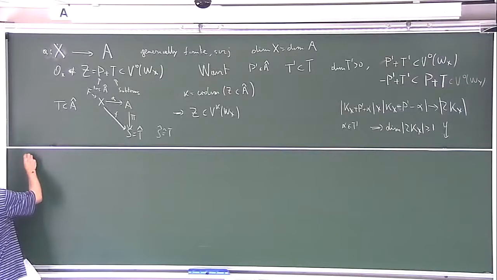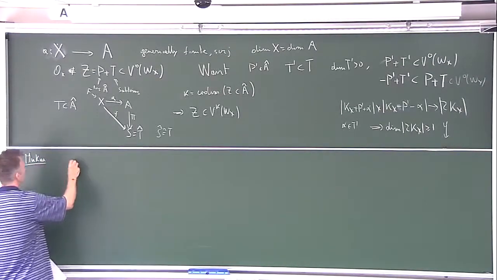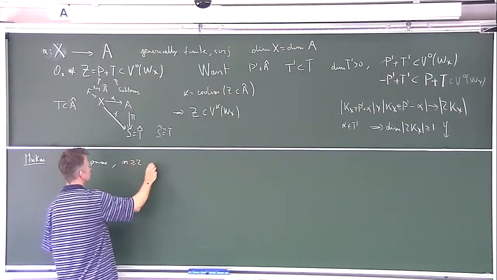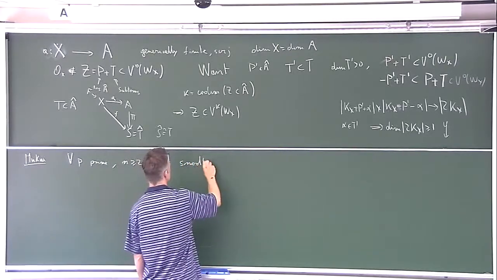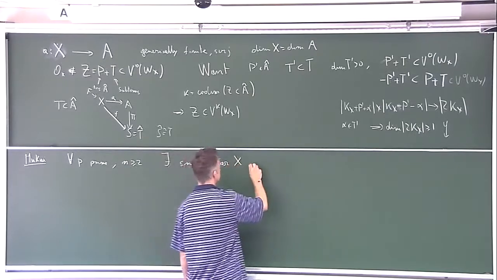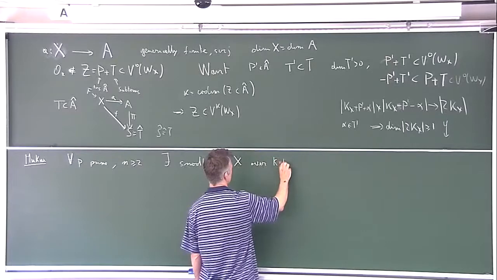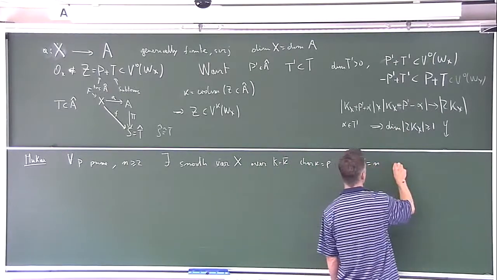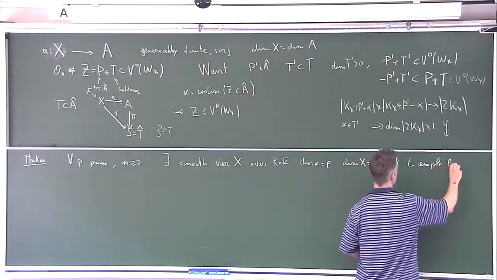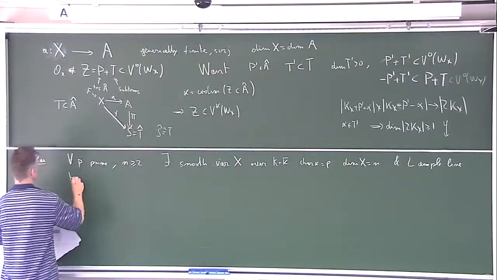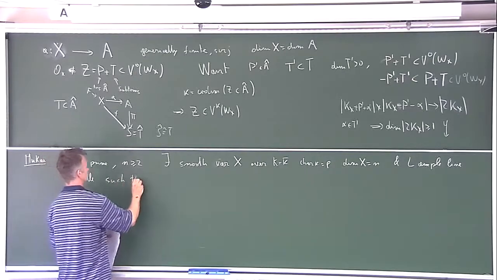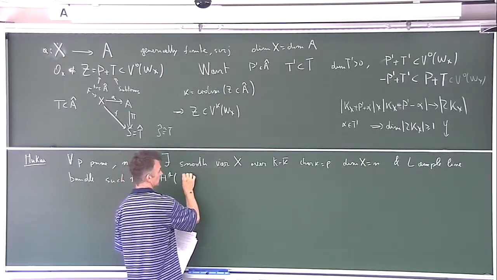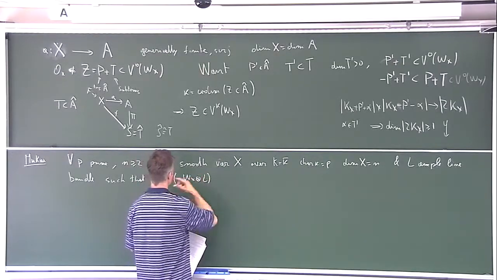However, it is well known, and in this form I think it's due to Mukai, that for any prime number and any integer n greater or equal to 2, there exists a smooth variety X over an algebraically closed field of characteristic p, where the dimension of X is n, and L an ample line bundle such that, in fact, I think you can take H1 of omega X tensor L is not equal to 0.